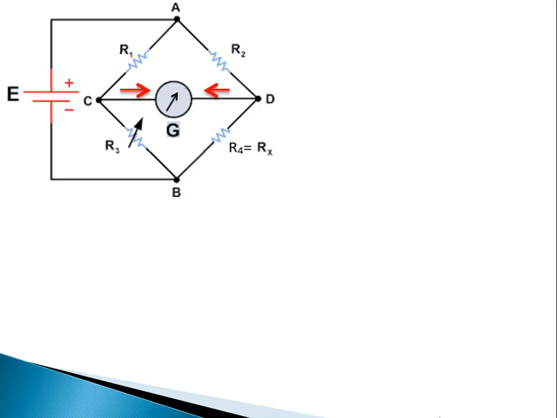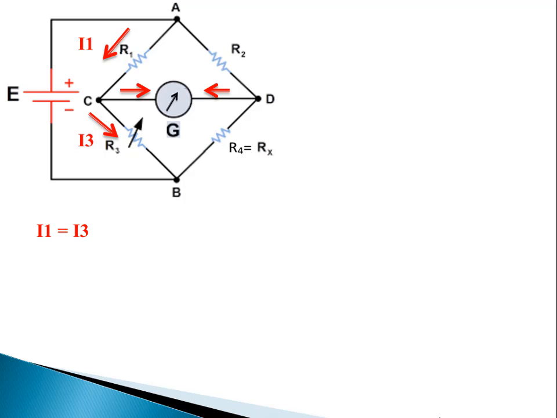When the current flowing through the galvanometer is 0, the following condition should be satisfied. That means the current flowing through the resistor R1 and the current flowing through the resistor R3 have to be the same. If the current flowing through R1, that is I1, and the current flowing through R3, that is I3, are the same, then we can write that I1 is equal to I3.